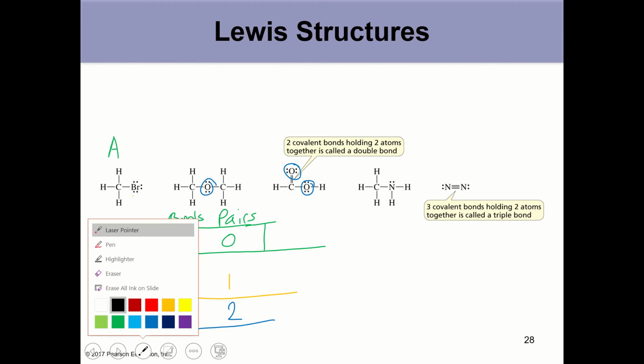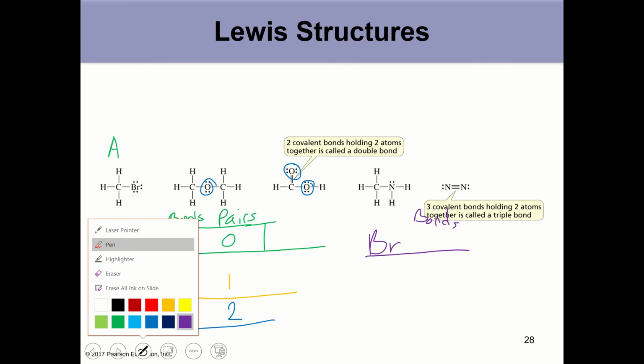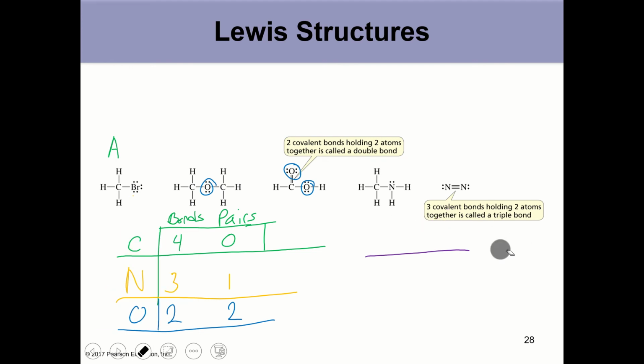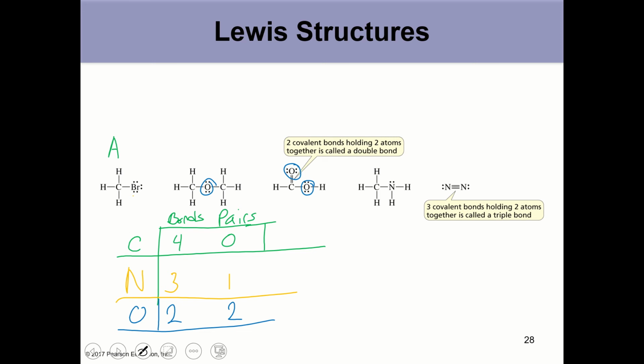Finally, when we draw halides, bromine, we should have 1 bond and 3 pairs.